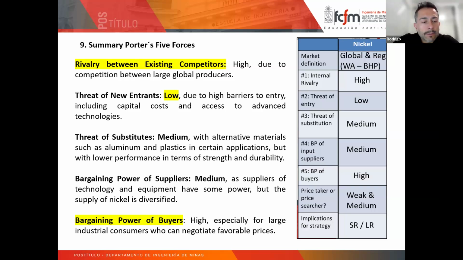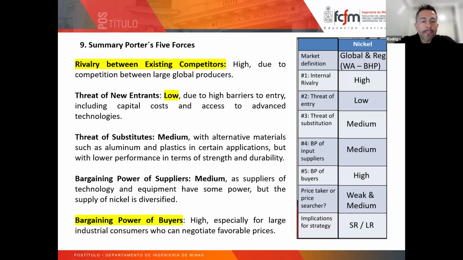Well, in this slide, we have the summary for the five forces. The most important force for the nickel market is the rivalry between existing competitors, because it's high, and the bargaining power of buyers is high too.